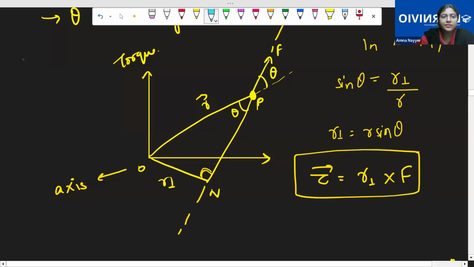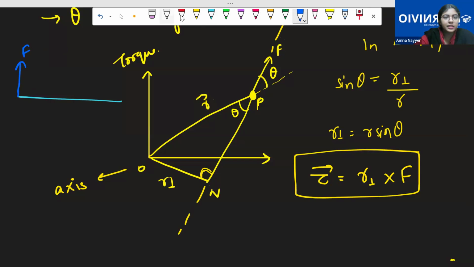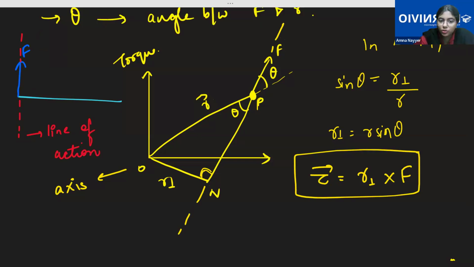This is known as the line of action. You drop a perpendicular to this line of action, and this is considered as R perpendicular. Now R perpendicular and F are present, so you take the cross product.